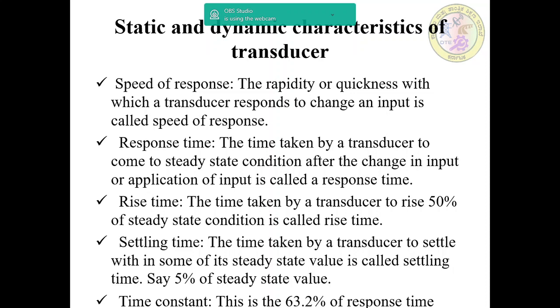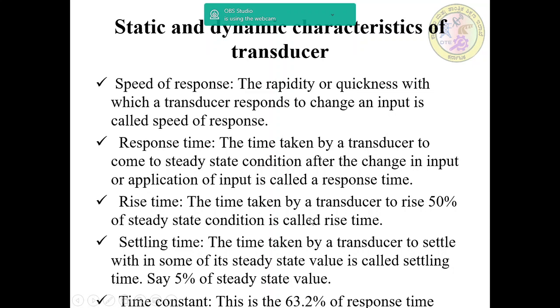In static and dynamic characteristics, there are five major items: speed of response, response time, rise time, settling time, and finally the time constant. We'll discuss one by one. First, speed of response.